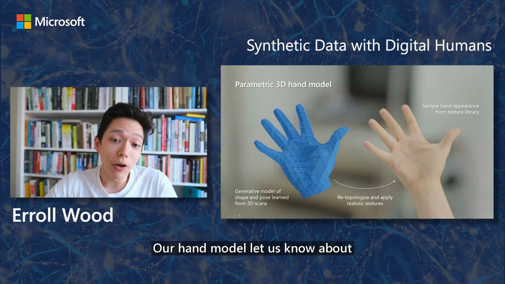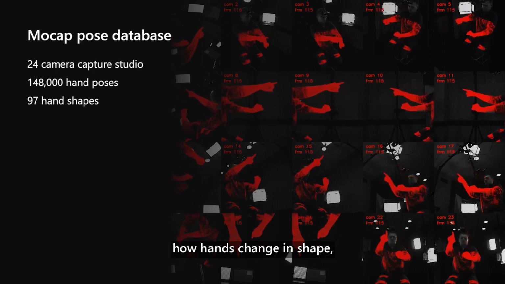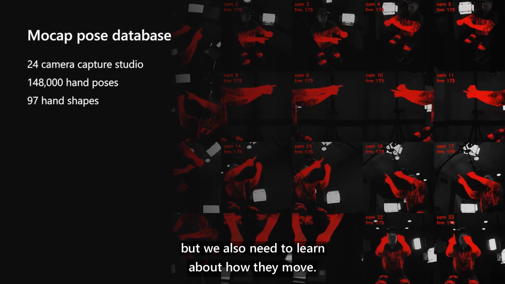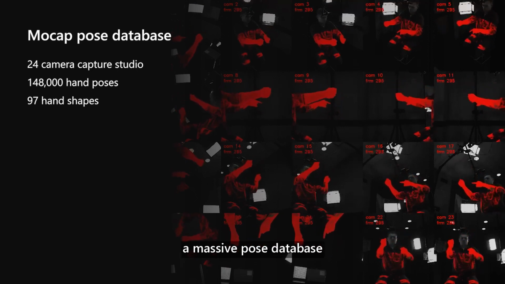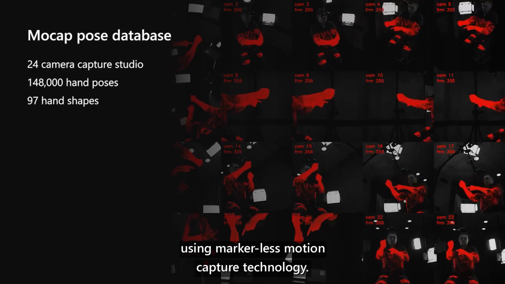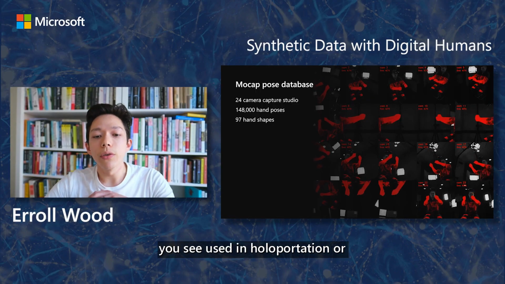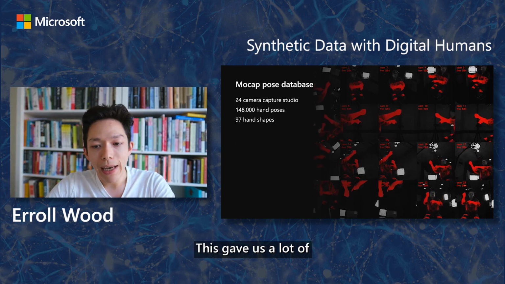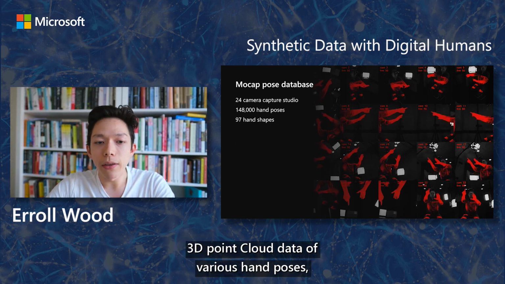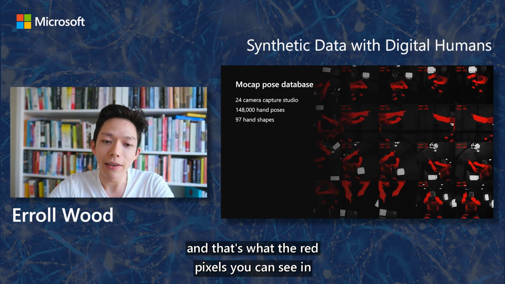Our hand model lets us know about how hands change in shape, but we also need to learn about how they move. For this, we captured a massive pose database using markerless motion capture technology. In fact, this was building upon the same sort of technology you see used in holoportation or mixed reality capture studios. This gave us a lot of 3D point cloud data of various hand poses. And that's what the red pixels you can see in this capture are.